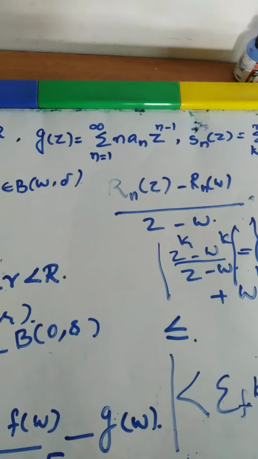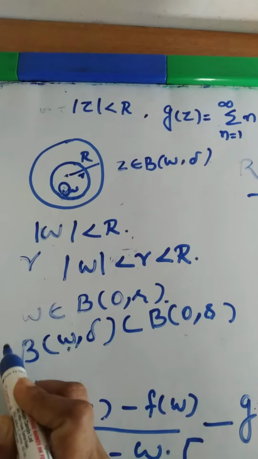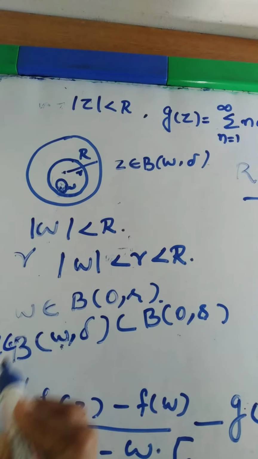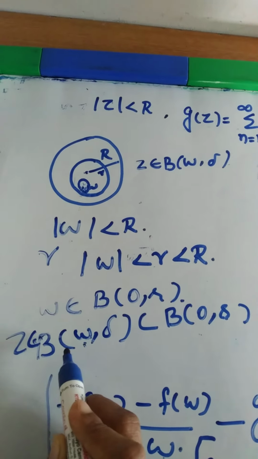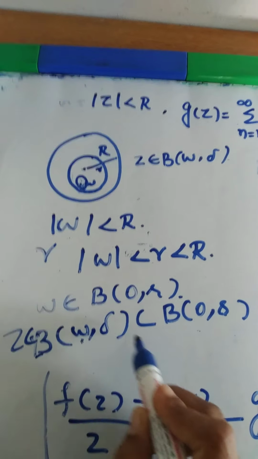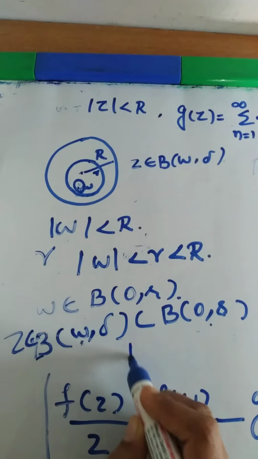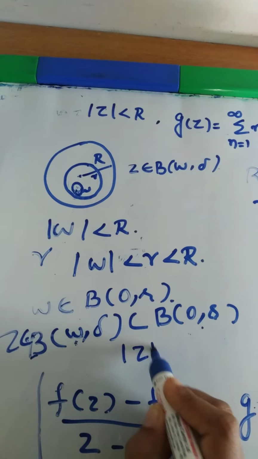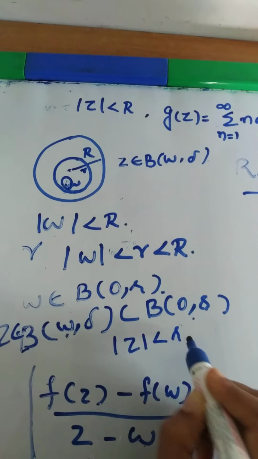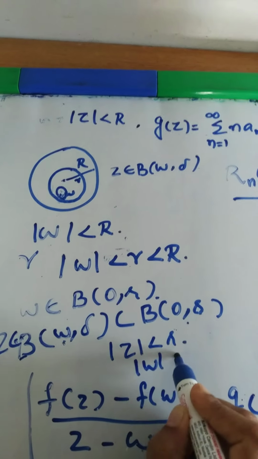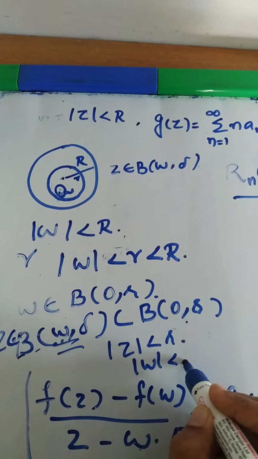You are choosing your z from B(w, delta). B(w, delta) is contained in B(0, r). So mod z is less than r, and mod w is also less than r.